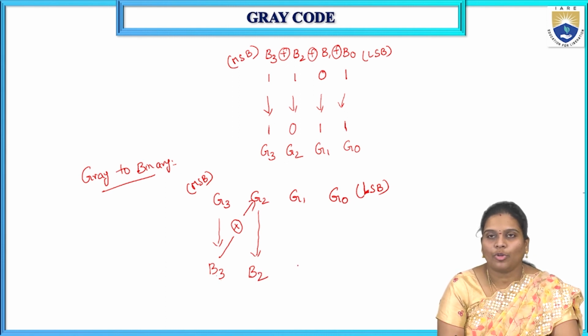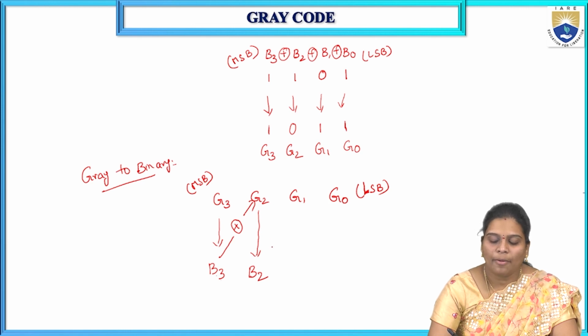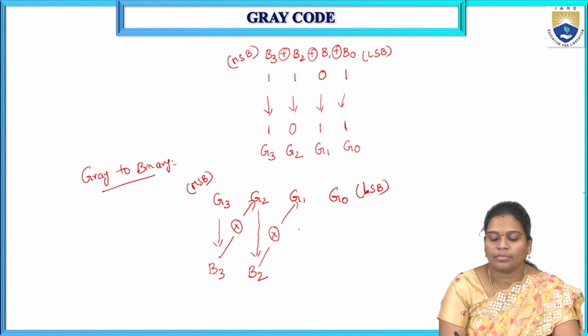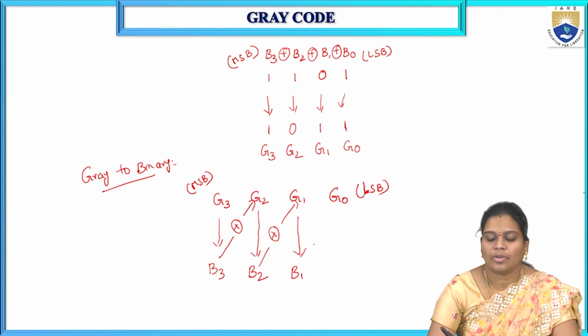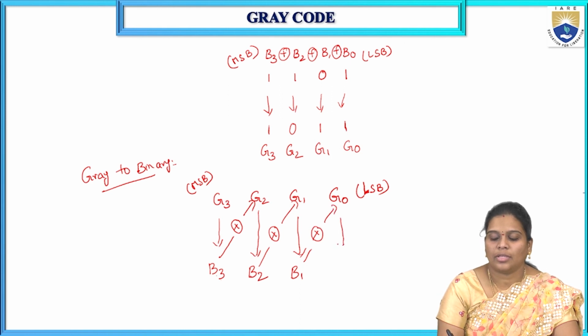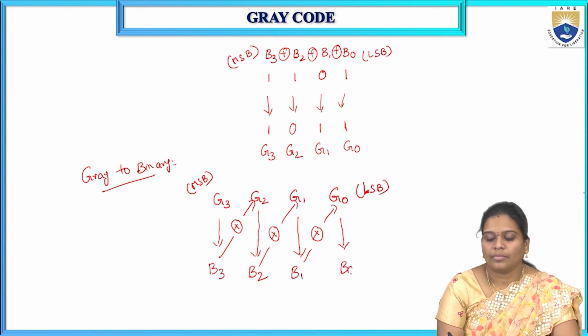Next, for the B1 bit, we apply the XOR gate for the resultant bit and G1. Next one, B1 XOR G0. That is the B0 value. Okay.